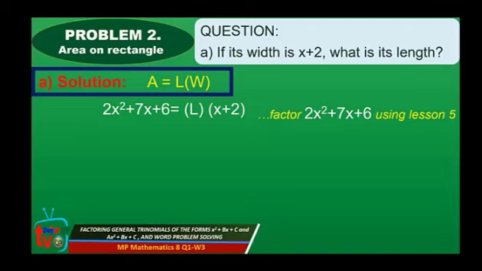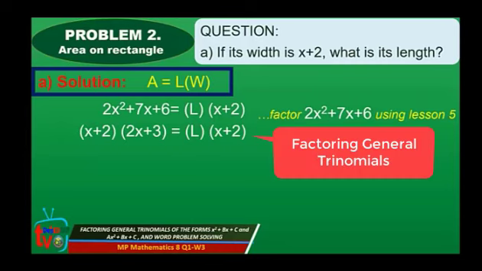We factor the area 2x squared plus 7x plus 6 as x plus 2 times the quantity 2x plus 3. This is actually applying our latest lesson, which is factoring general trinomials.